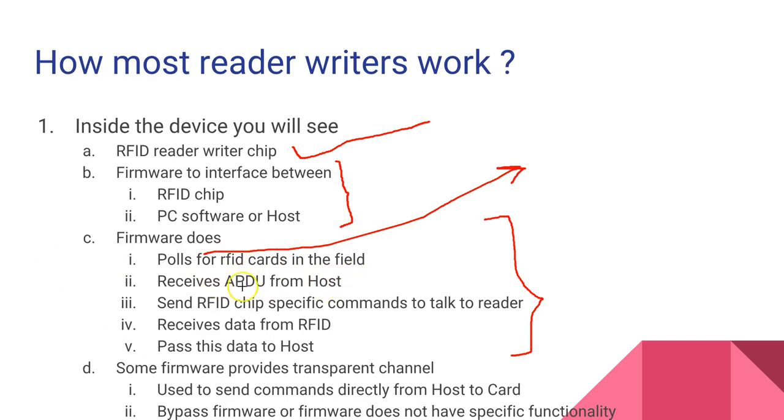The firmware will receive the APDU from the host, which are the commands used to communicate between the host and the device, and it sends the chip specific commands to the reader, and whatever data is received from the tag, it sends back to the host. So the capability of the device depends on what the firmware can do.